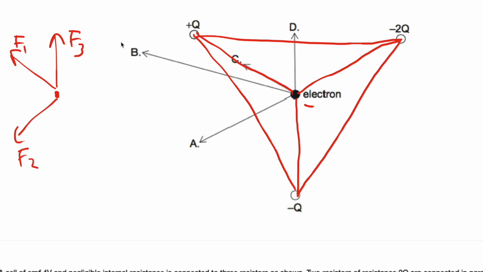So F3, F2. Because this positive charge and negative charge have the same magnitude, you can separate them into different components. So the component here will cancel out with this component. So it's going to become something like this.